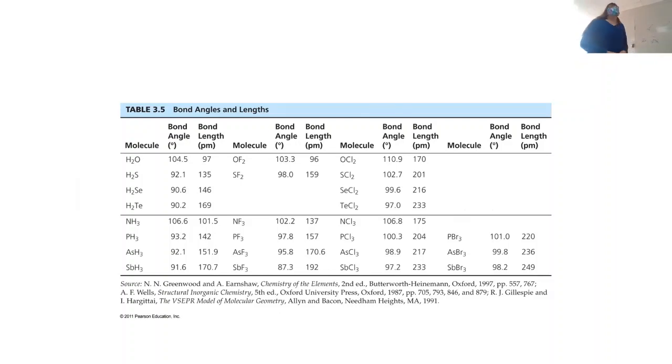And so this is a chart where we can look at a lot of these different trends and see how those things follow along. We can look at changing the central atom. We can look at changing the outside atom. We can compare first row to second row and those kinds of things. But what you'll notice is for our bond angles here for our third row and heavier, they're very near 90 degrees here, very near 90 degrees here.